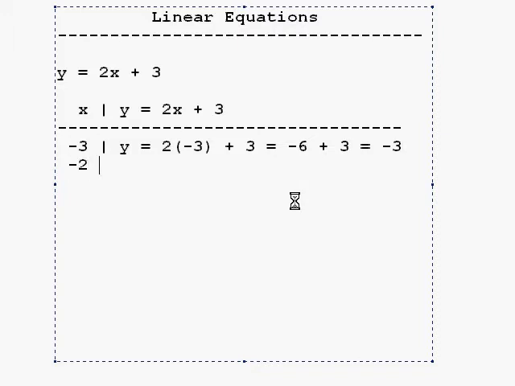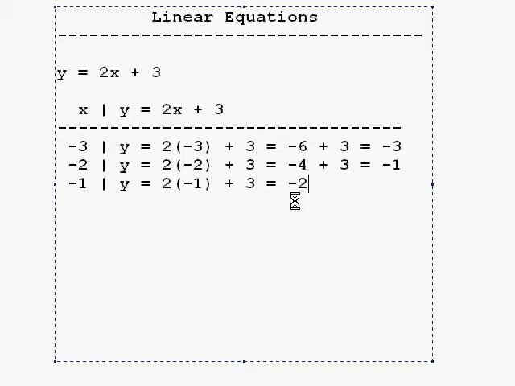Now y is 2 times -2, since we're putting in -2 now, which is -4 plus 3. That's -1. Let's put in -1. 2 times -1 is -2, plus 3 is +1.